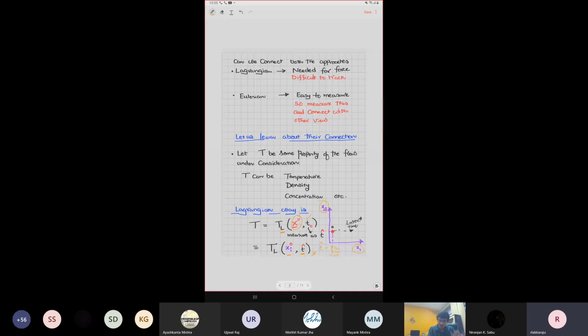This might be for velocity, it can be temperature, density, acceleration, concentration, or any fluid property, thermal conductivity, any kind of thing. So to have such relaxation, instead of using velocity or acceleration, we are showing a variable T. Maybe the temperature of that Porsche car engine is a Lagrangian quantity. Maybe the inside temperature of that Porsche car is a Lagrangian quantity.